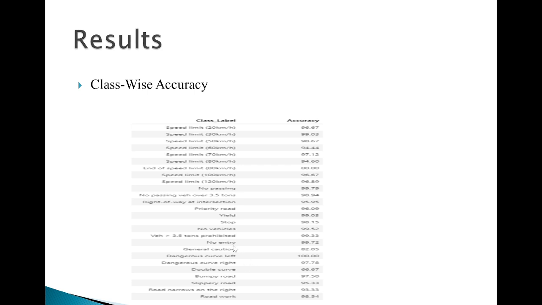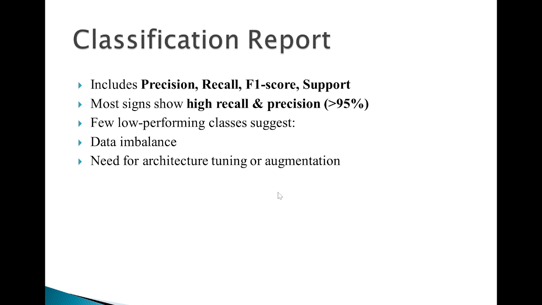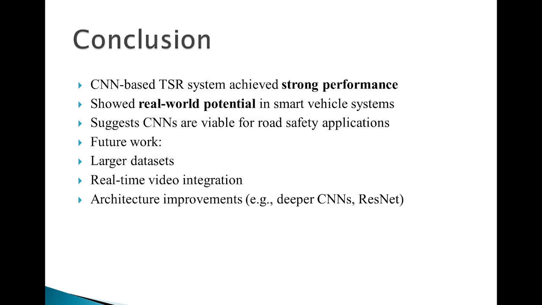For that reason, they might not be well trained on this class, and the rest of the part is quite good. The accuracy is good. Okay, the classification report, I already talked about it.